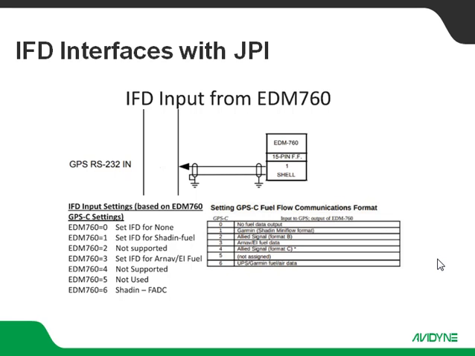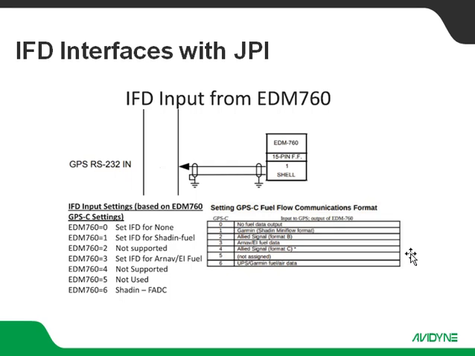Your next option there is a GPS-C setting of 3, which is the RNAV EI fuel data. On the IFD side, if your GPS-C setting is 3, you're going to set it up for RNAV EI fuel. Option number 4 is another Allied Signal format. That's not supported.